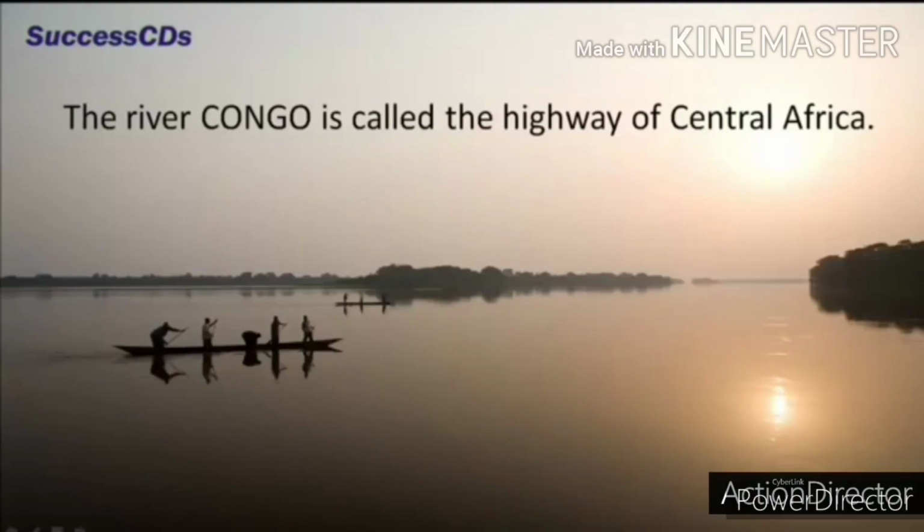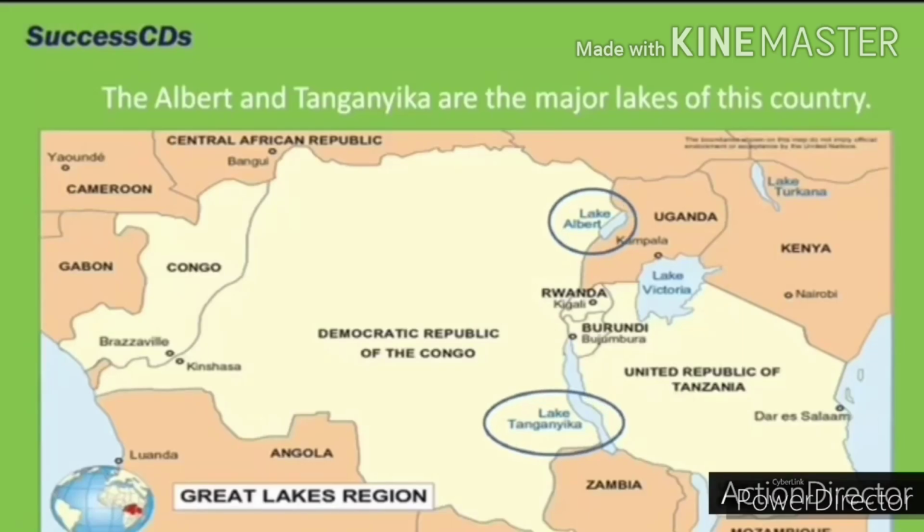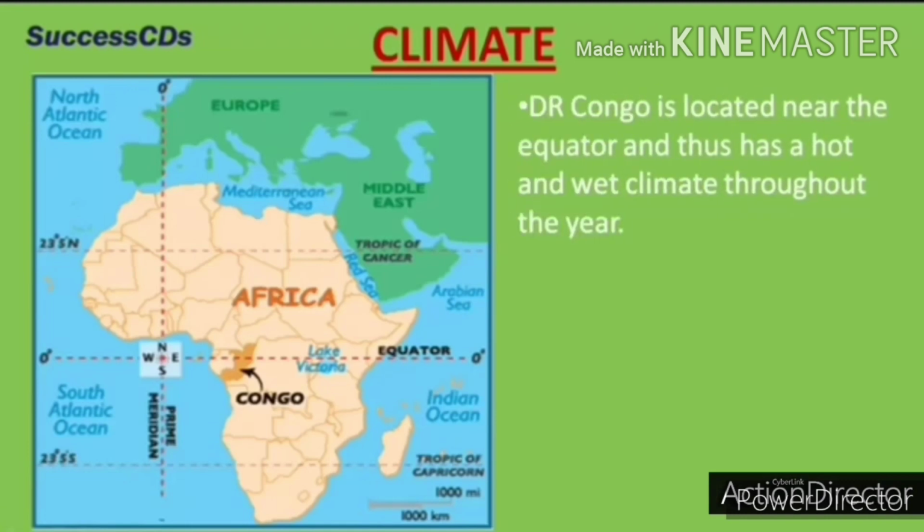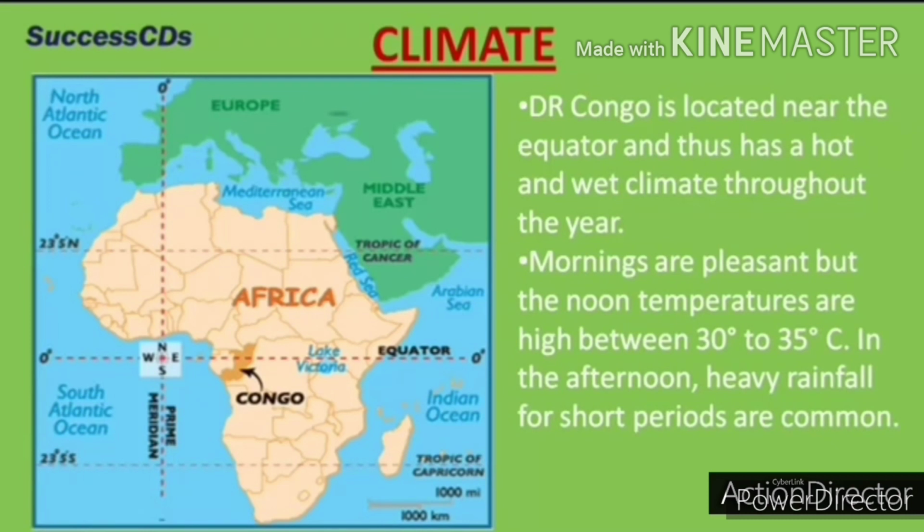The climate of the Democratic Republic of Congo is a tropical climate with a lot of rainfall, warm temperature and high humidity.